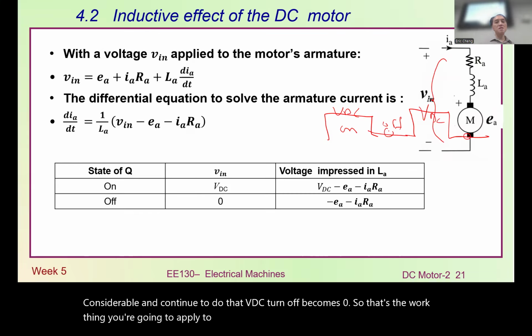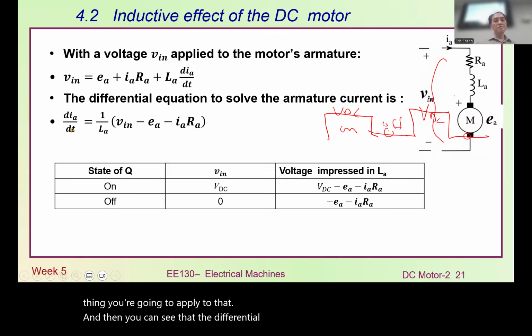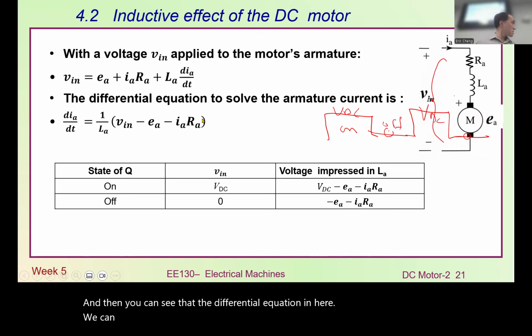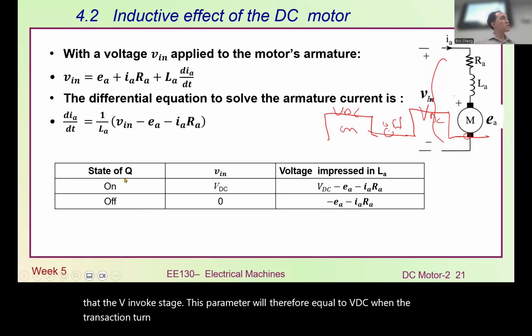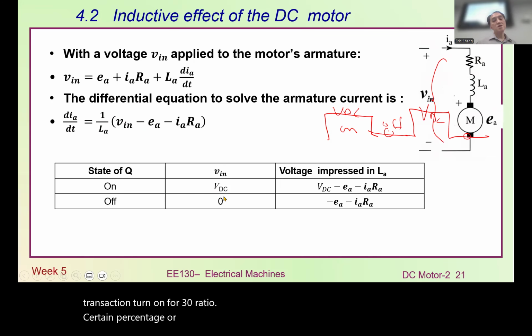And then we can solve the differential equation in here to obtain the current pattern. We know that the input voltage will equal VDC when the transistor is turned on for a certain percentage of duty ratio, and then when you turn off, it becomes 0 volt.